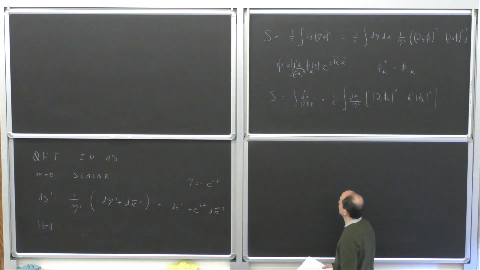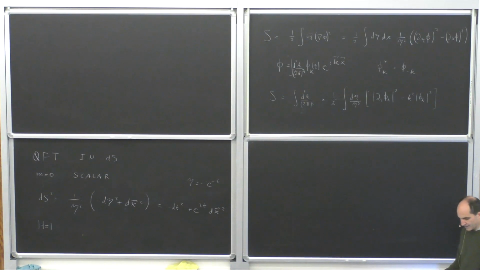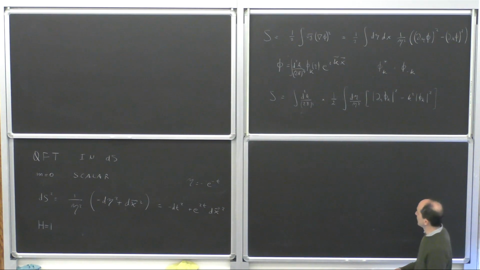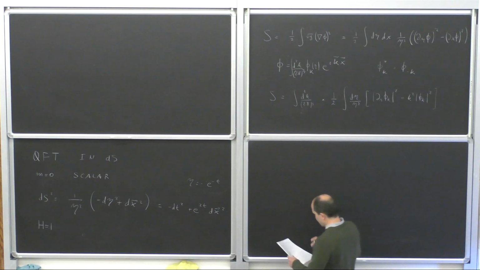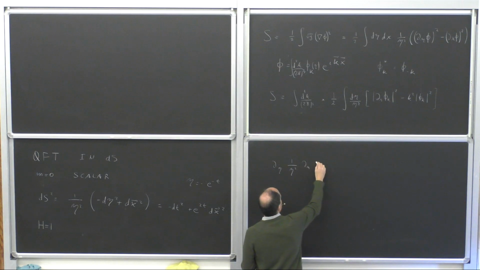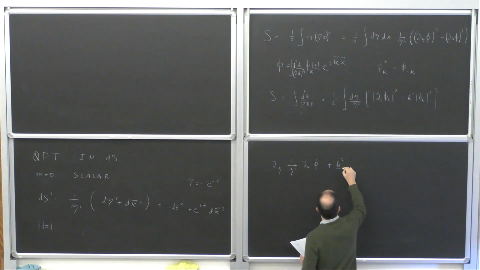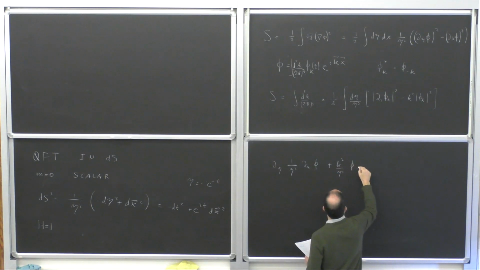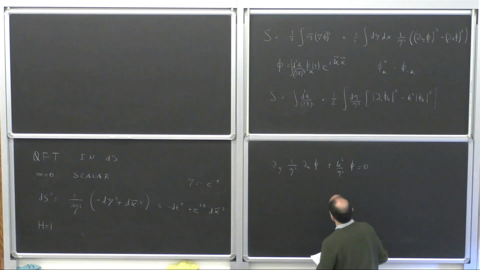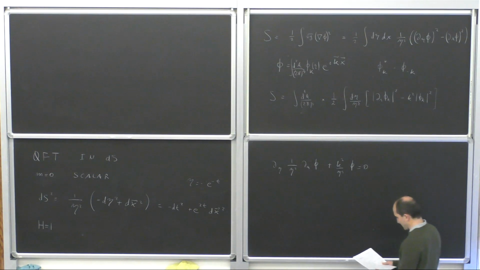How do we quantize the harmonic oscillator? Well, we could consider the equations of motion and then promote them to an operator equation. So this is the usual equation of motion. It looks basically like the harmonic oscillator equation, except that there are these factors of eta squared in between.